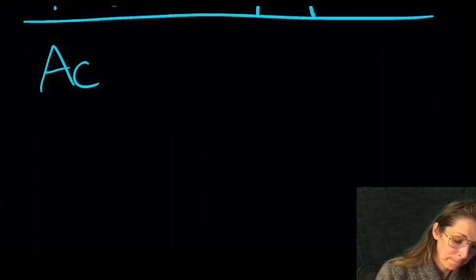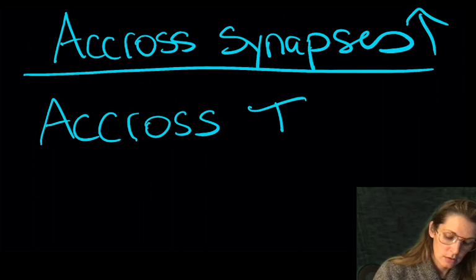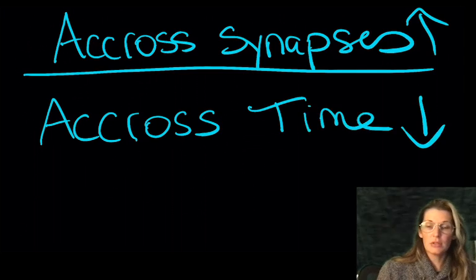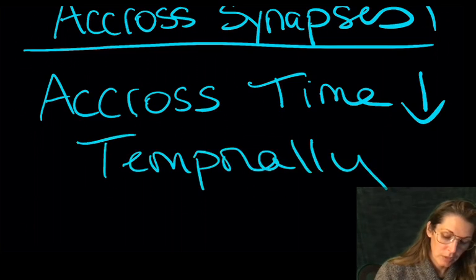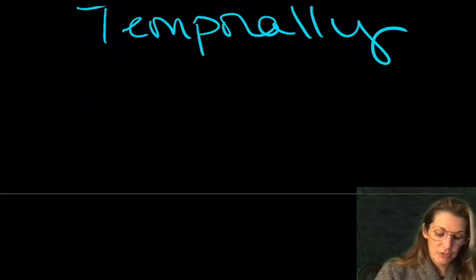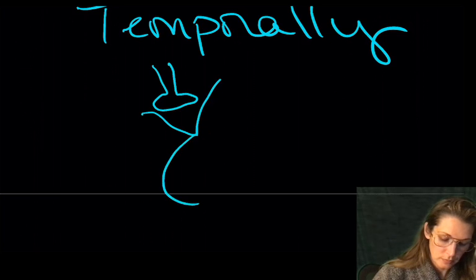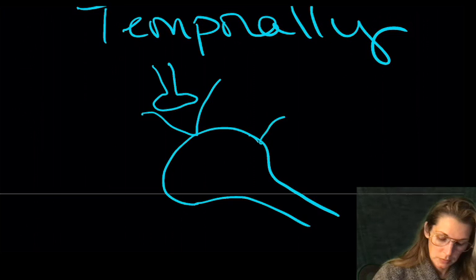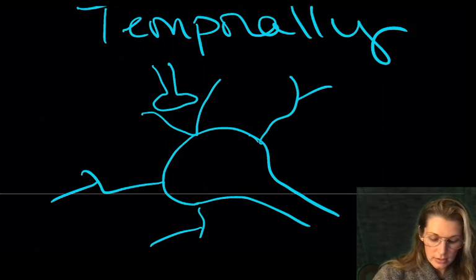Another way that they can be summed is across time. I always misspell across. I think it's 1C. Okay, they can also be summed across time or temporally. And so what that means is that you have this presynaptic neuron.